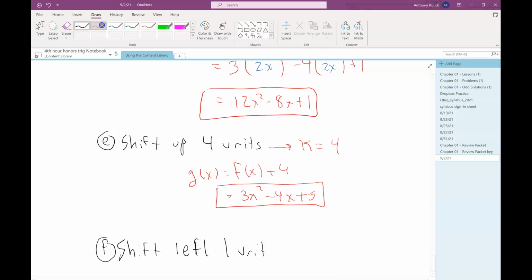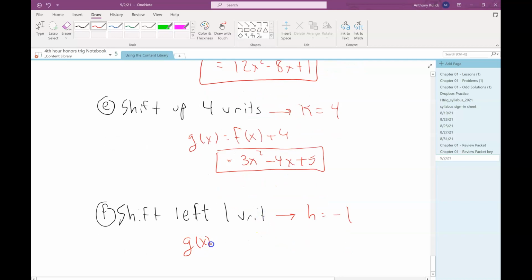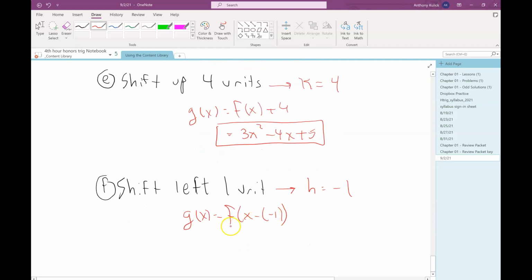So what if we want to shift left 1 unit? Since we're talking about shifting horizontally, we're talking about the h. Since it's left that we're shifting, I know the h is going to be negative. And since it's going 1 unit, it's going to be -1. So that'll be f of x minus a -1, or just f of x plus 1.